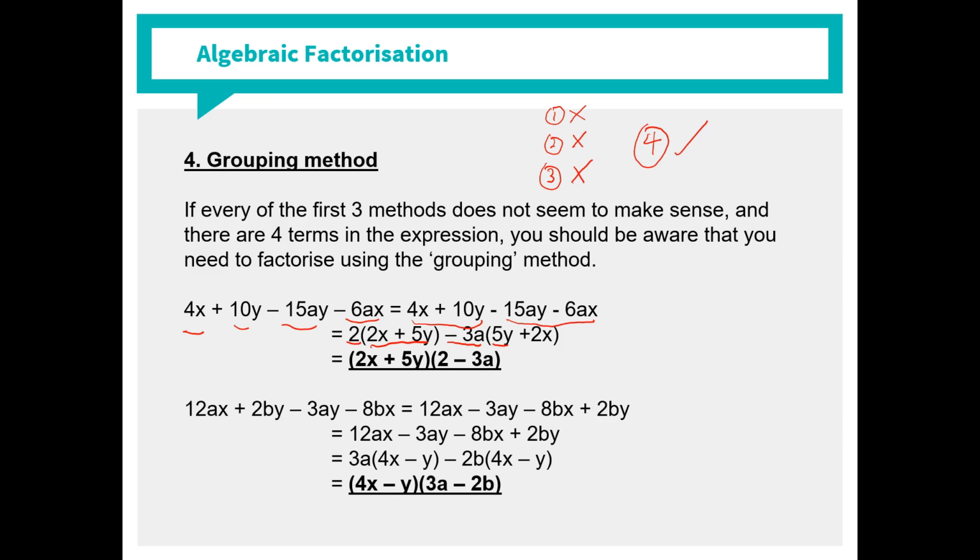Negative 6ax divided by negative 3a will give me 2x. The negatives cancel each other, and the a's cancel each other. This is where students tend to make careless mistakes.